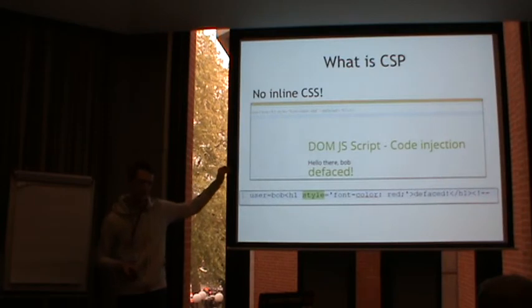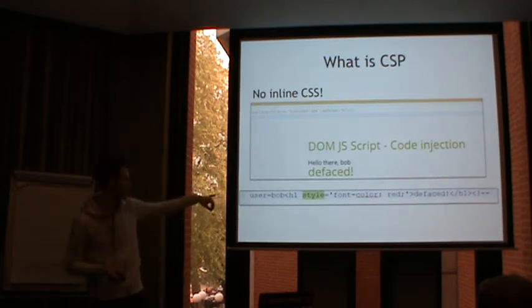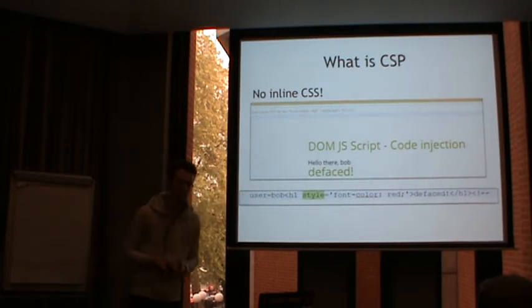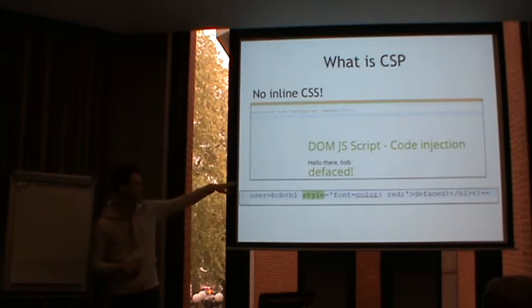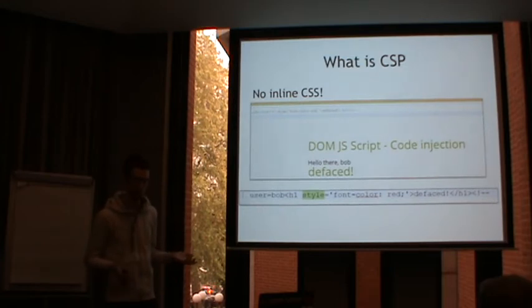We have an unsanitized user variable and we can just add anything after Bob. What I did here is I added the h1 with a style of font color red, and as you can see, the header defaced is added, but it's still green because by the CSP, of course, HTML is not blocked. That would be disastrous, but CSS is blocked.